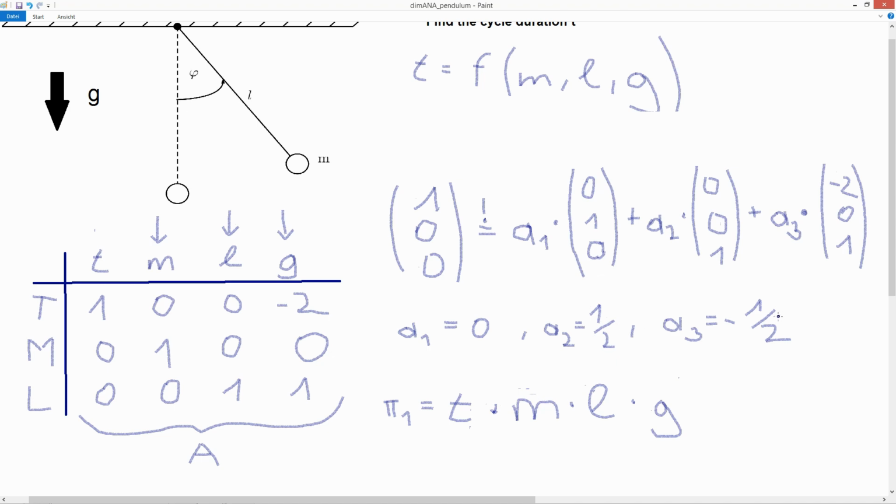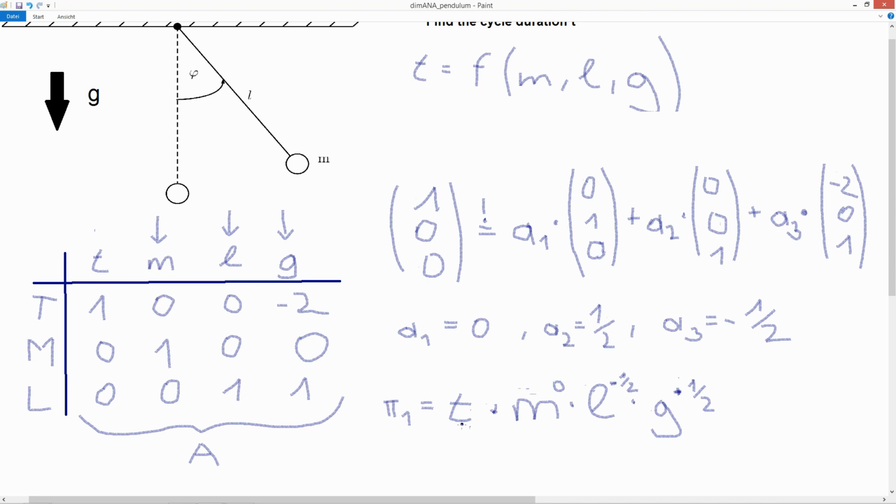Then we add these values here as exponents, so here 0, here 1 half, and here minus 1 half, and then we change the signs, so minus 1 half plus 1 half.